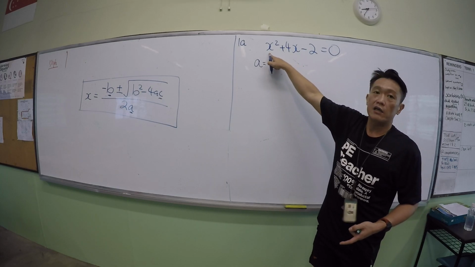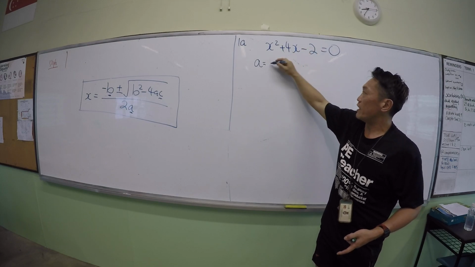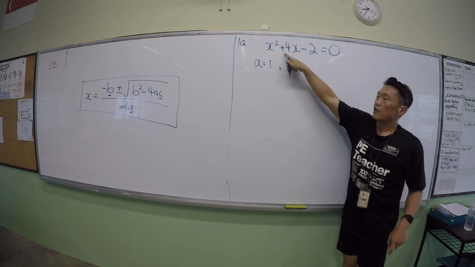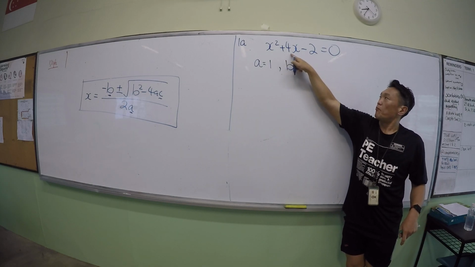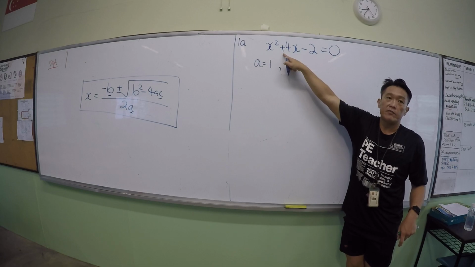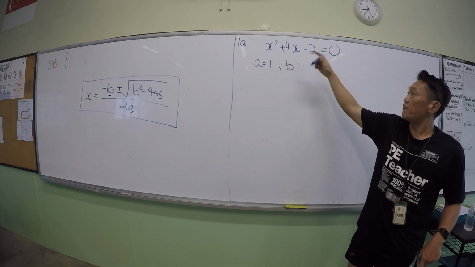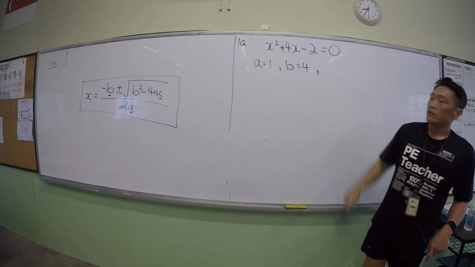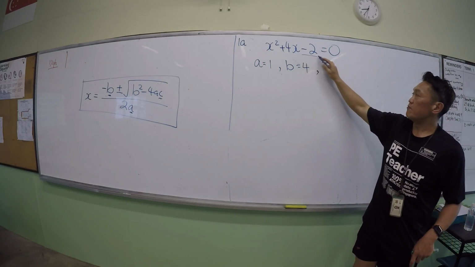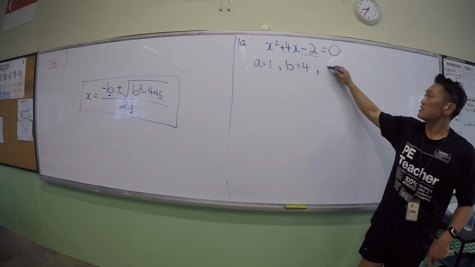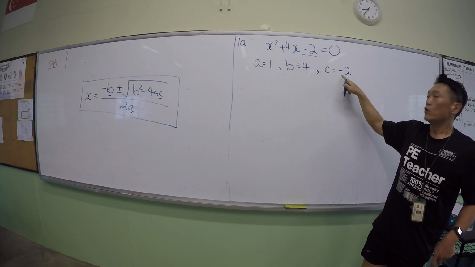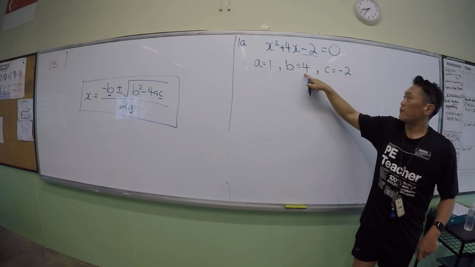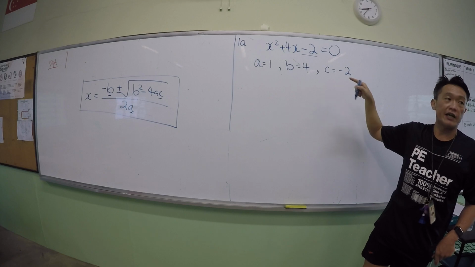So x squared means there is only one x squared. So my A is 1. My B is how many x? Plus 4x. So the coefficient is positive 4. I write down my B is 4. Then my C is the last number here. So my C is negative 2. The sign is important. If it is plus, you must write positive. If it is negative, you must write negative.